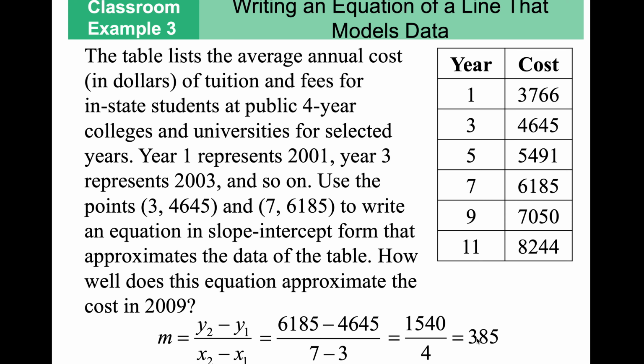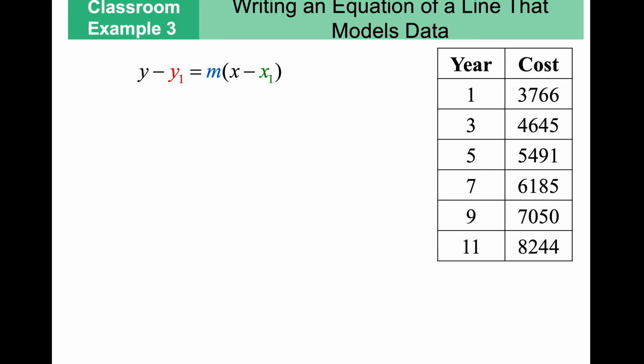Now that I have a slope and a list of points, I can plug into point slope. And this is the line that fits the data in the model. I can take this further and distribute that 385 through, add 4645 over, and I have it in slope intercept.